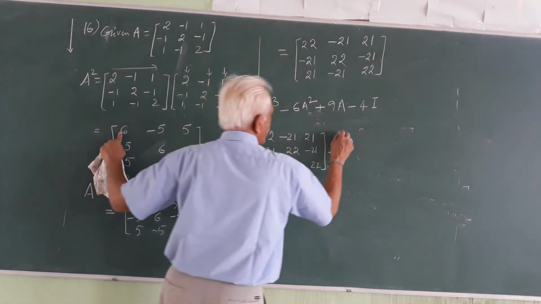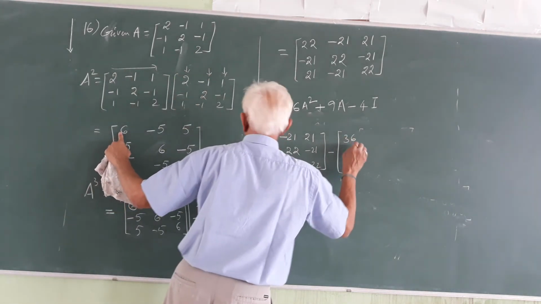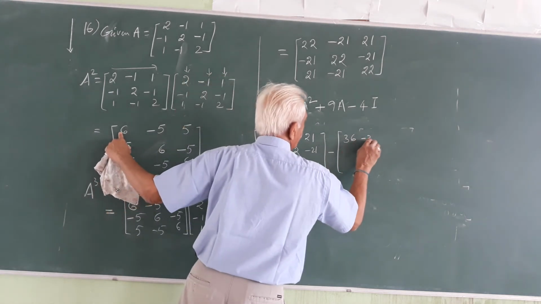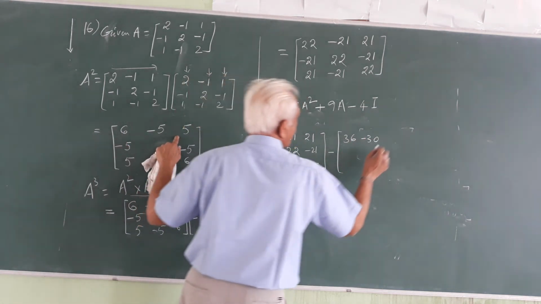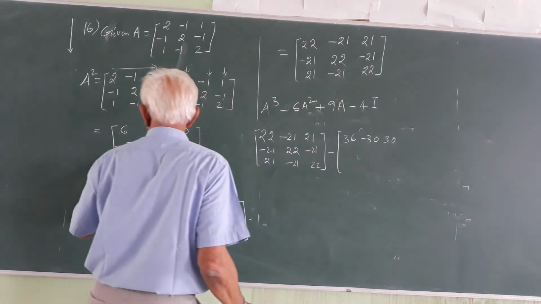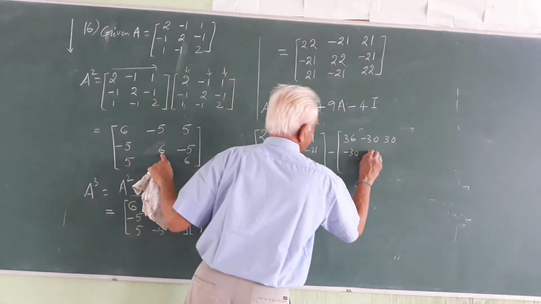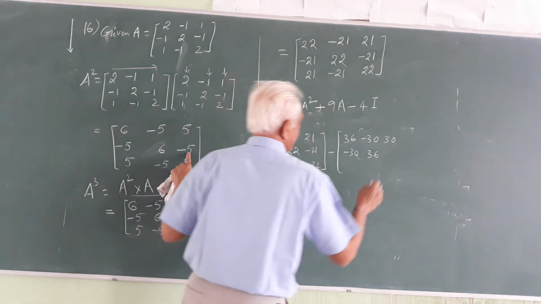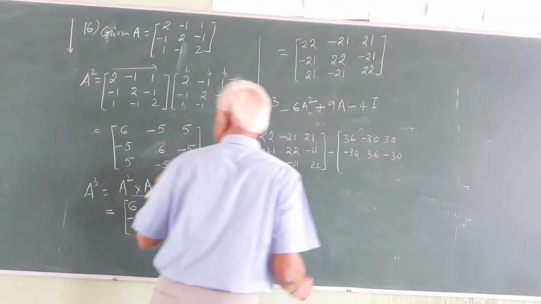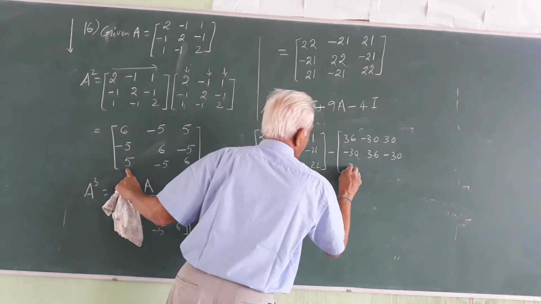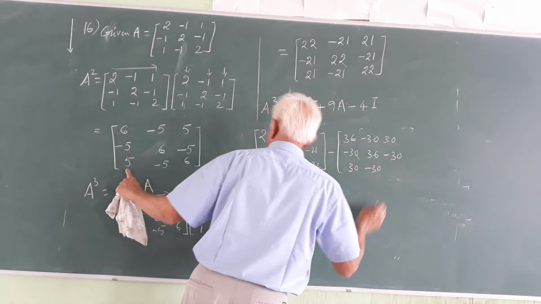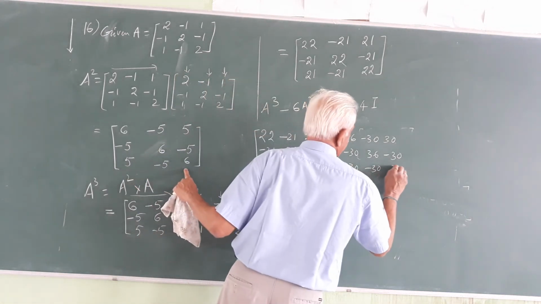You are getting [36 -30 30; -30 36 -30; 30 -30 36].